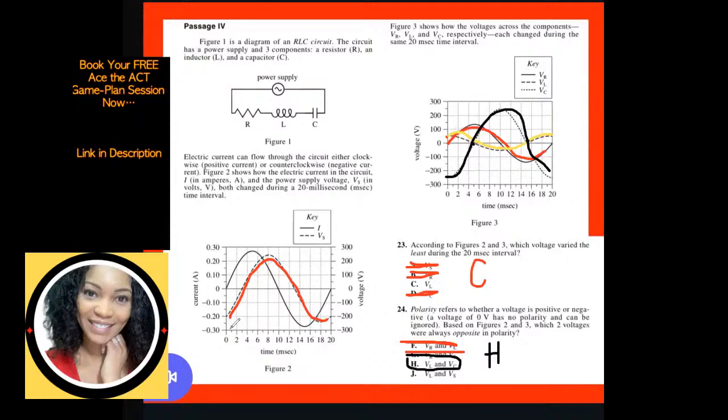Let's keep going. Let's go to time 10. So I'm just proving this wrong to you now. Time 10, this one is positive here. And then time 10 is positive as well.